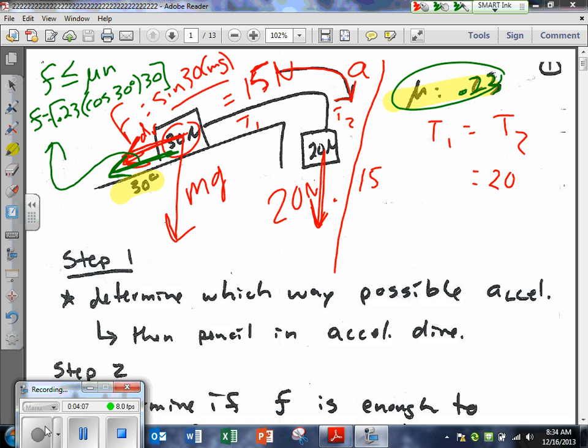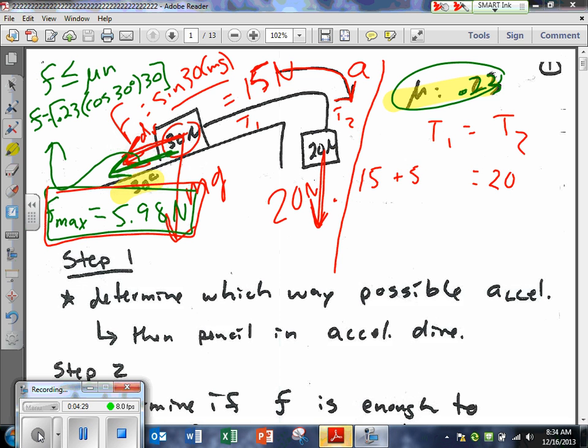Okay, so friction at max could be then 5.98 newtons. So now let's take a good look at this, because 5.98 newtons, so if we were to put that over here, plus 5.98, because it would cause there to be more of a tug, right, on tension.